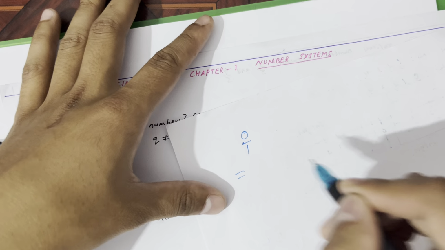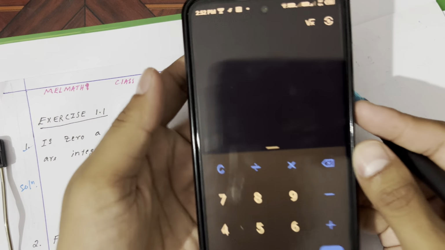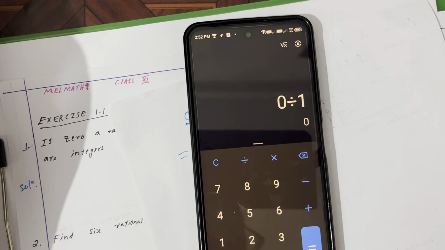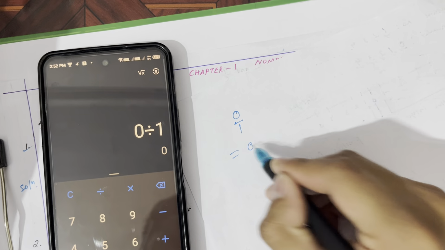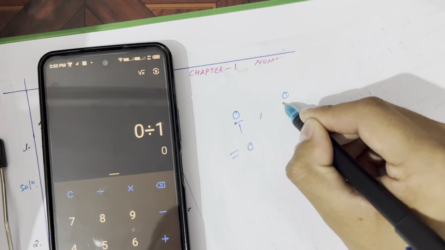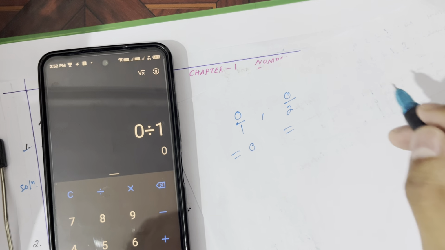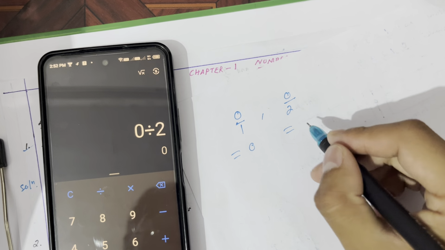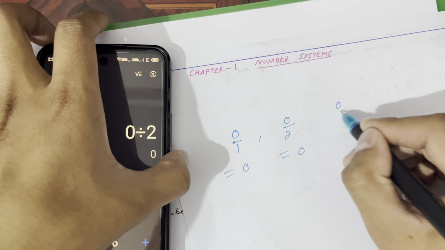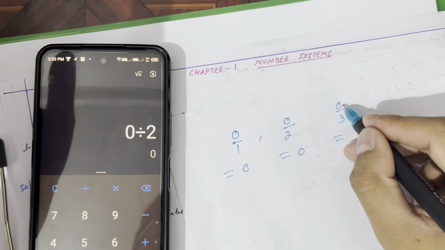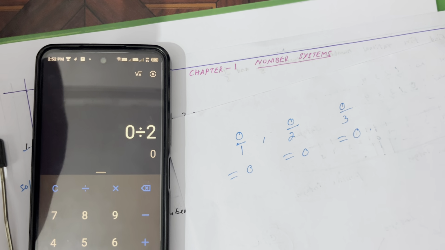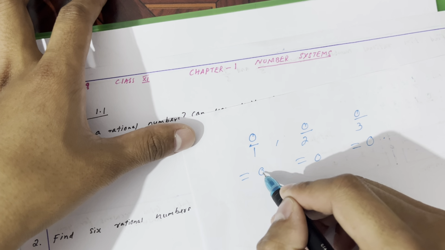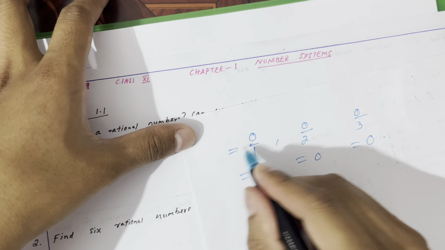Suppose I divide 0 divided by 1, I get 0 only. 0 divided by 2, what do I get? 0 only. 0 divided by 3, what do I get? 0 only.